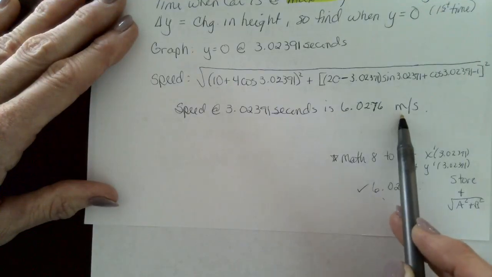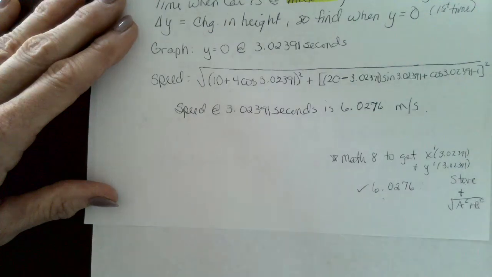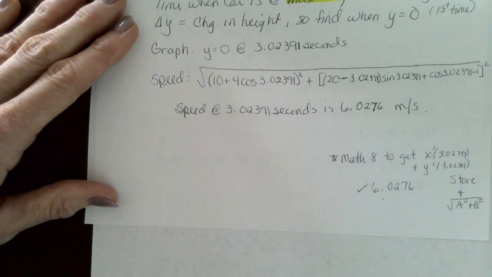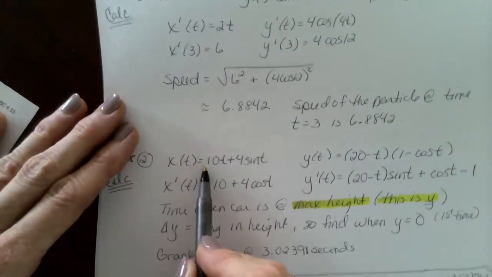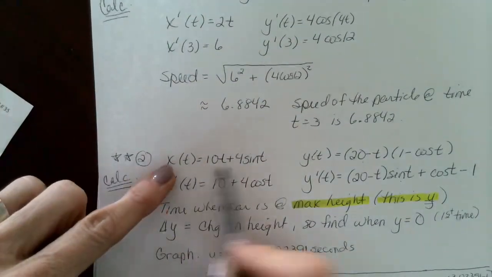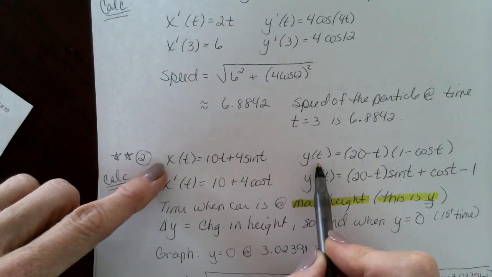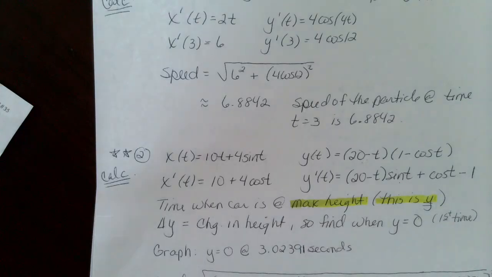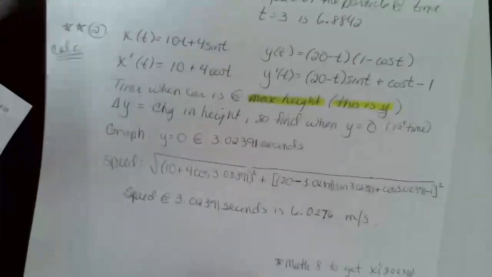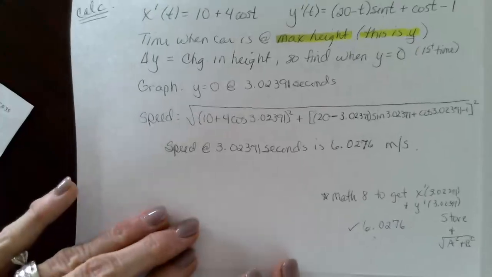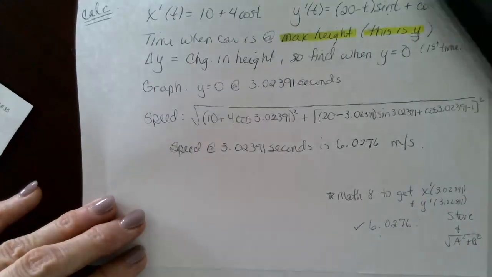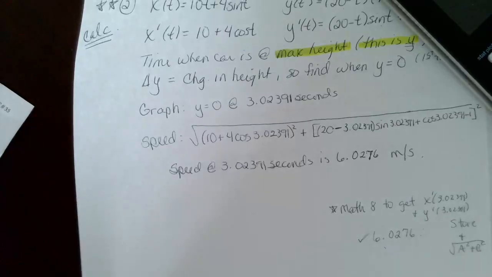So your speed would be meters per second. Remember, if you're doing Math 8, derivative at a point, we're using our position, our x of t and y of t equations, right? Thumbs up if you get this answer, 6.0276. Did you get it? Awesome.